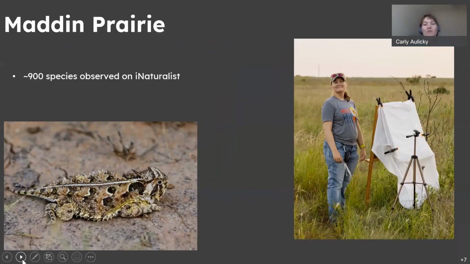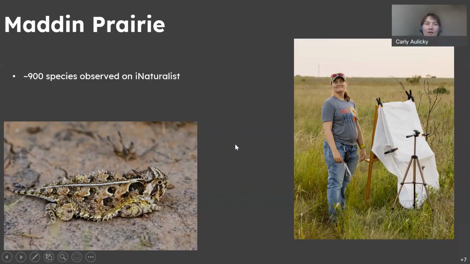The last prairie that we own that I'm going to talk about is Madden Prairie. So it is much further west of the Metroplex. We're looking at Colorado City, so just past Abilene. And it is a rolling plains prairie ecosystem. So we're getting into that mixed grass system.